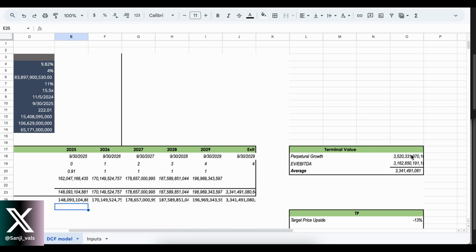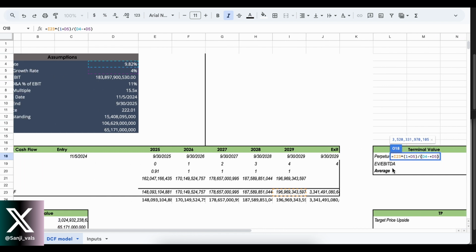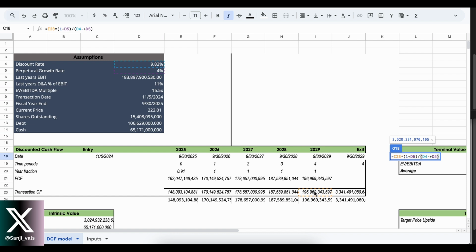The next thing is to calculate the company's terminal value, which is basically the average of those two calculations, the perpetual growth rate and enterprise value EBITDA. And you can double click on here and you see the formula, which is basically the free cash flow for the last forecasted year, in our case 2029, multiplied by 1 plus the perpetual growth rate, divided by the discount rate minus the perpetual growth rate.